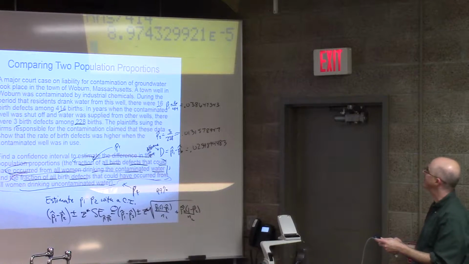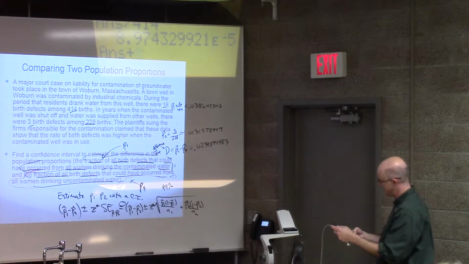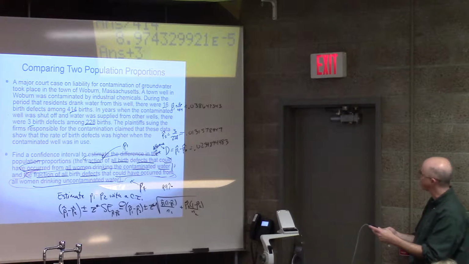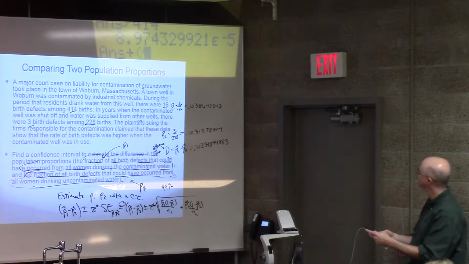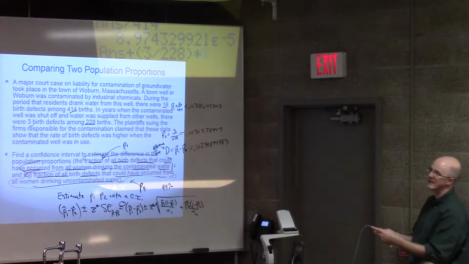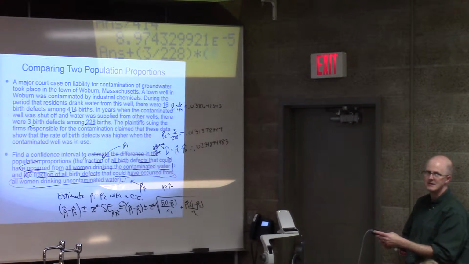So this will take some typing. Plus, the other fraction is, okay, I guess I could use parentheses, 3 divided by 228. I don't recommend doing it this way in the test. I'm doing it for the sake of time.